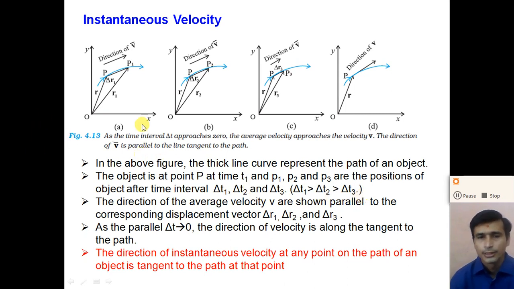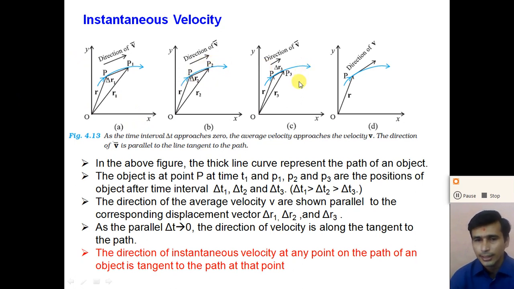Here the directions of the average velocity are shown parallel to the direction of the displacement vector. In the first situation, the direction of the average velocity is in the direction of the displacement vector delta r1. In the second, it is in the direction of delta r2.